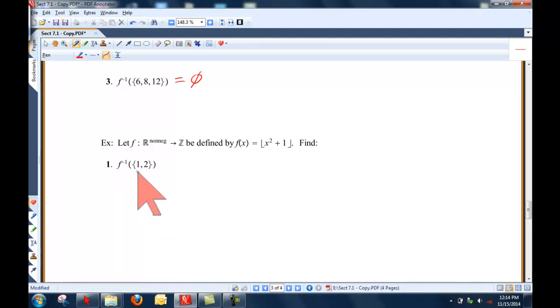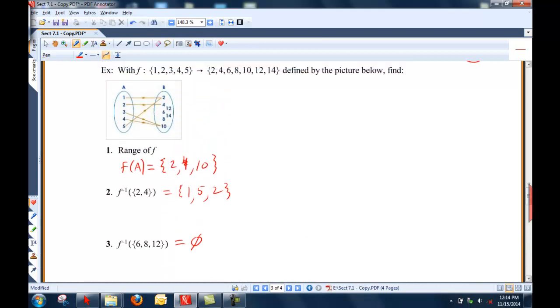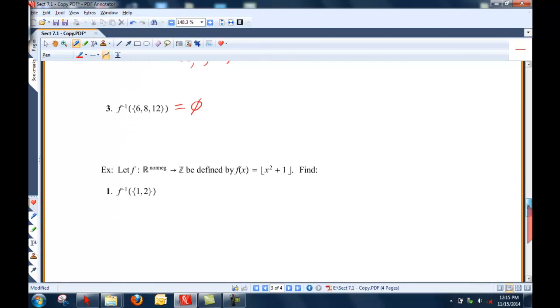There are only two possibilities. So let's find everything that goes to 1, then find everything that goes to 2, and we'll just combine them. Like up here, I found everything that went to 2, that was 1 and 5, and everything that went to 4, that was 2, and then just put them together in a union.